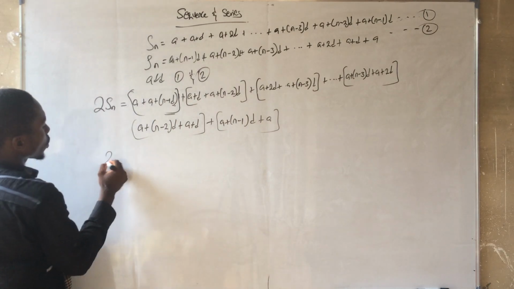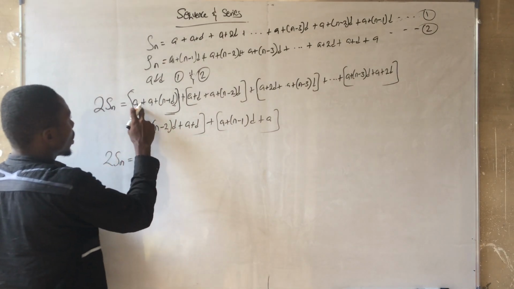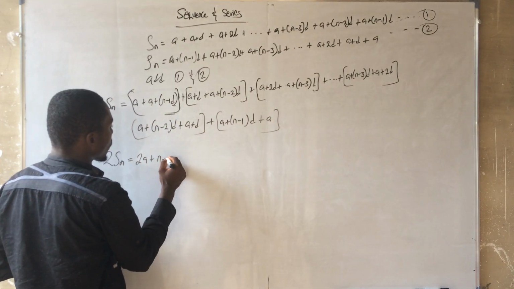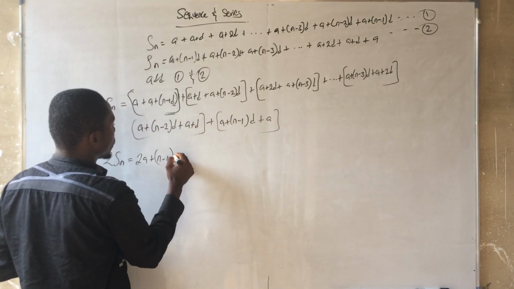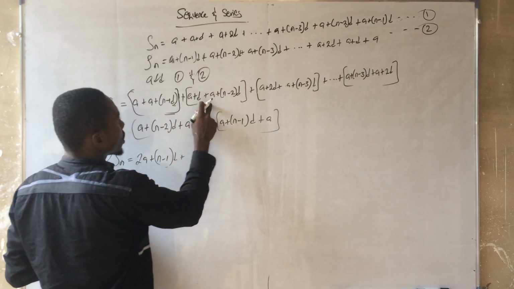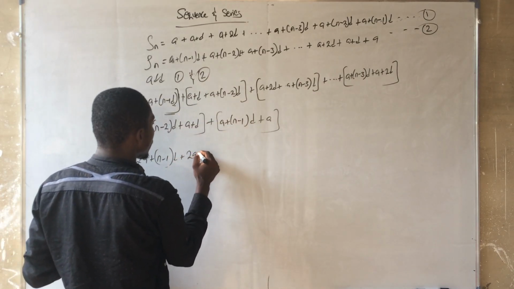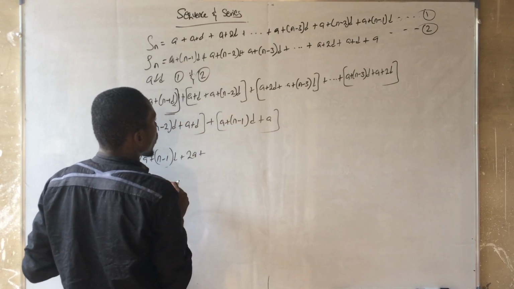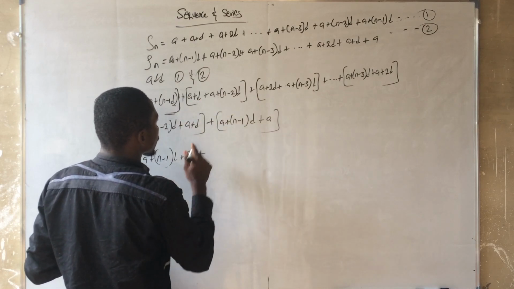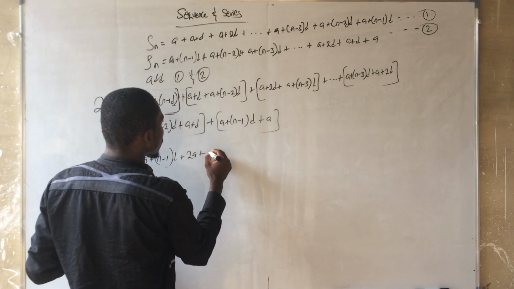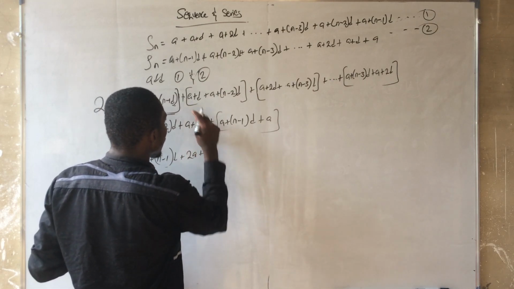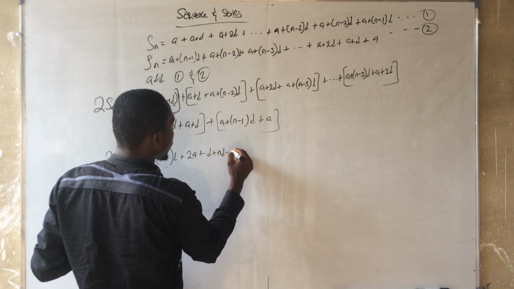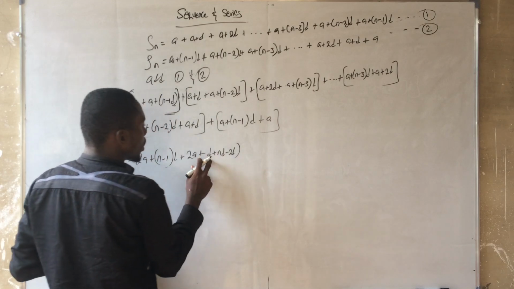So I'll now say again 2Sn is equal to a plus a, this is going to give me 2a plus n minus 1 d, plus again this is going to give me 2a plus, here we have d plus nd minus 2d.